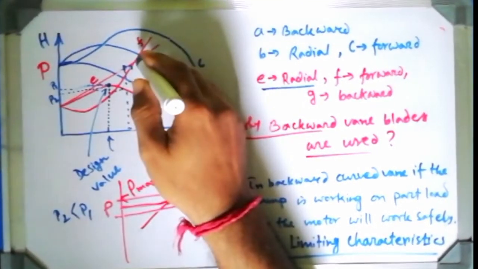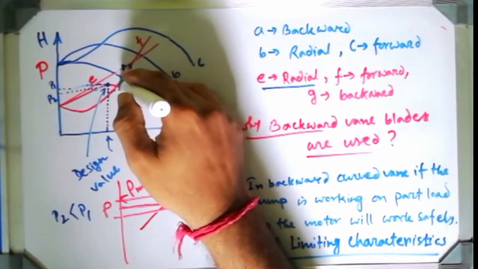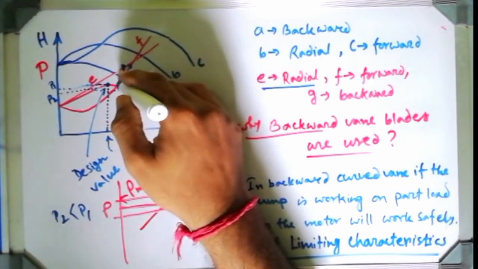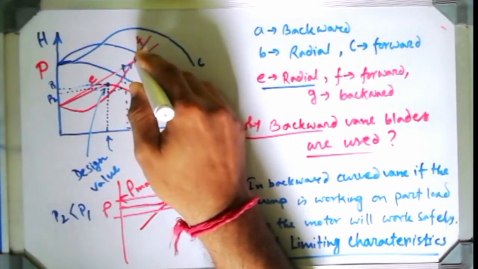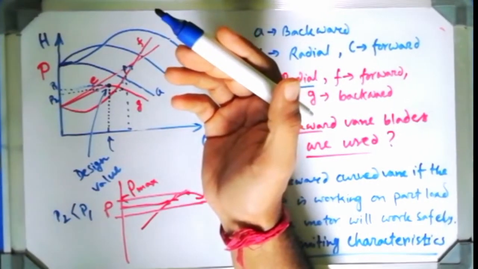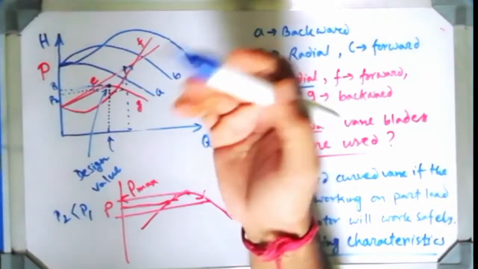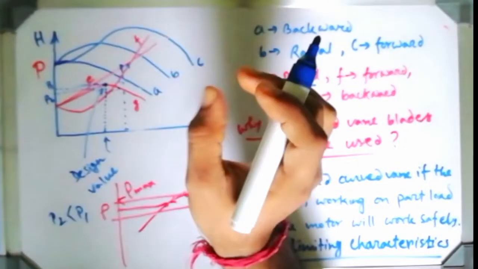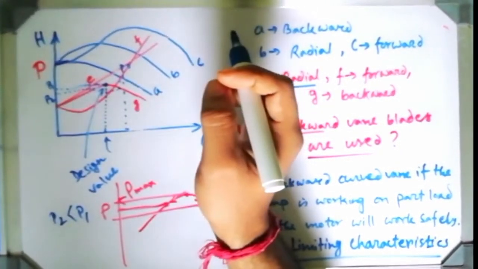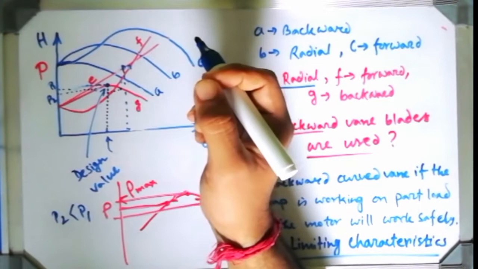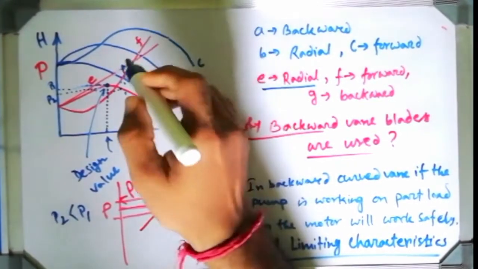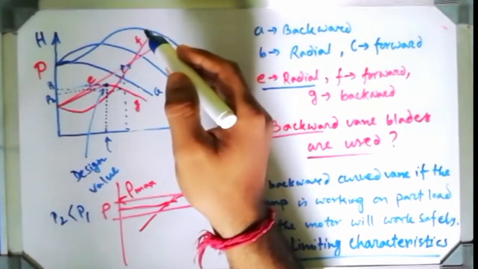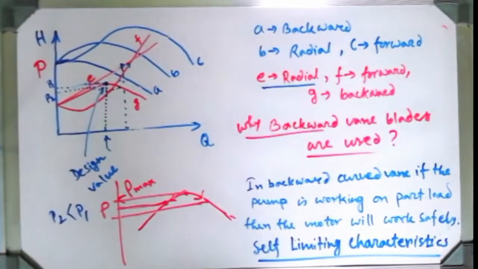Same for the F curve, if we go below the design value, then it will be underrated condition, but if we go above, it will burn out the motor because power consumption will be higher than the rated value of the motor. Every motor is rated with some specific value, depending on that the motor will do your job. Now if you run the motor with more than its rated value, then after some time it will be burnt out.